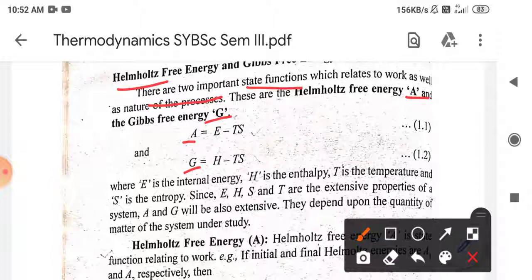These two energies give you information about the various types of energies in the given system. There are various types of energy like PV type of energy, work done type of energy, heat energy or internal energy, and entropy.